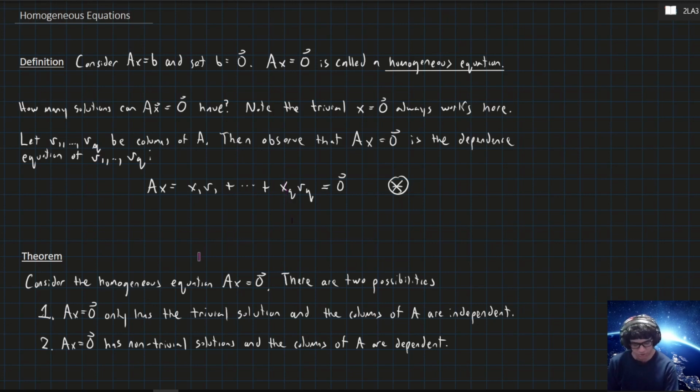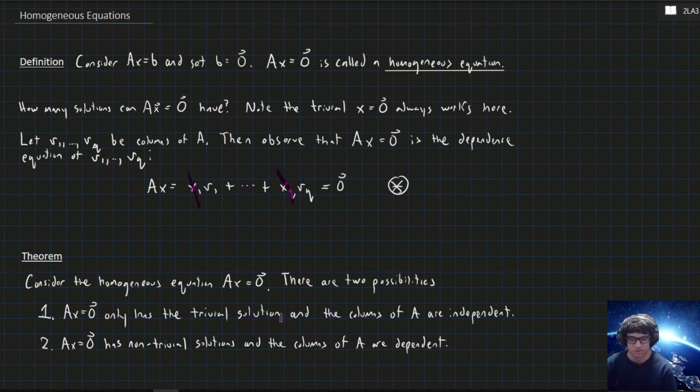So here's a theorem that categorizes this. Consider the homogeneous equation Ax equals the zero vector. There are two possibilities. One possibility is that we only have the trivial solution: the only solution is that all the x's equal 0.